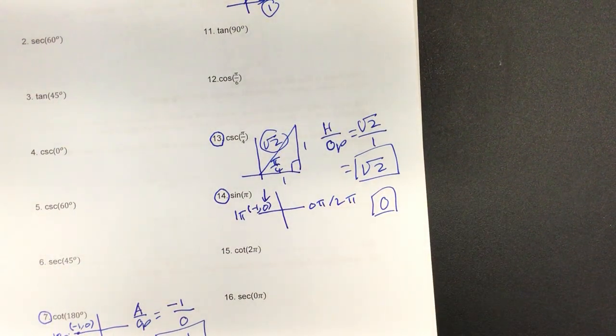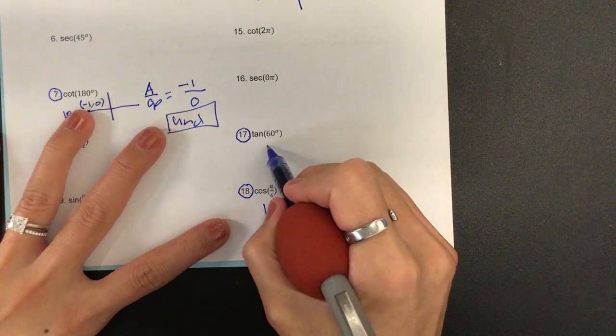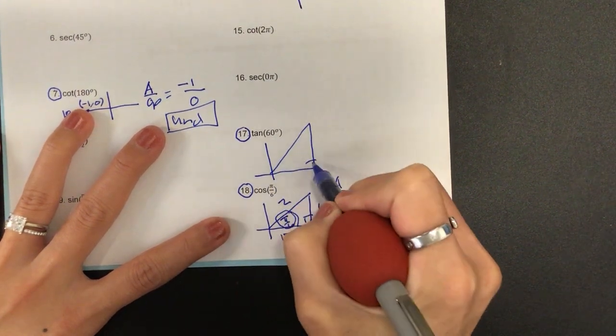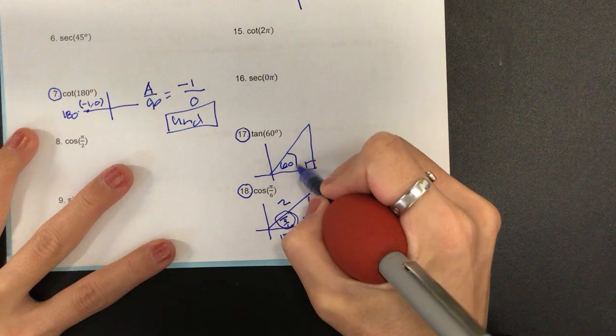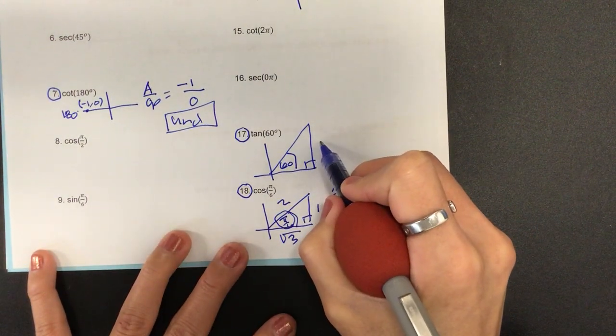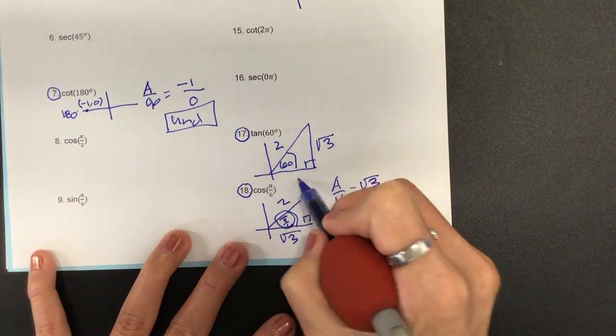I'm hoping to simplify the radical. Let's see if number 17 works out. On number 17, we have our tangent. So let's draw our 60 degrees. Okay, Maya, what goes on the opposite of 60? Oh, the opposite of 60 would be radical 3. That's okay.